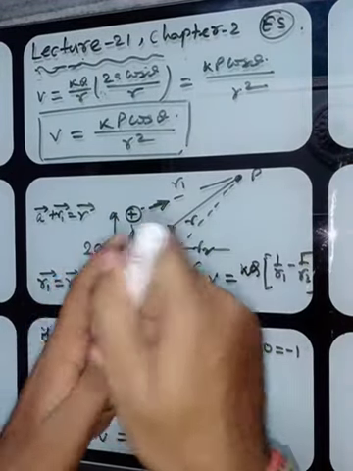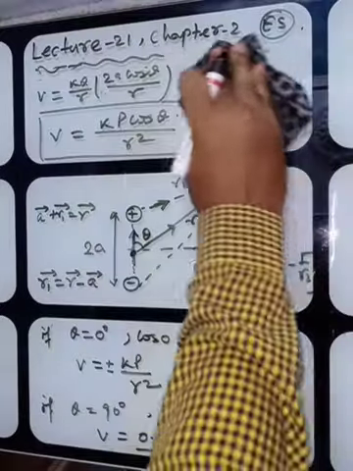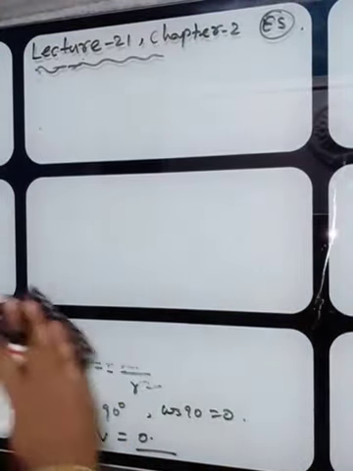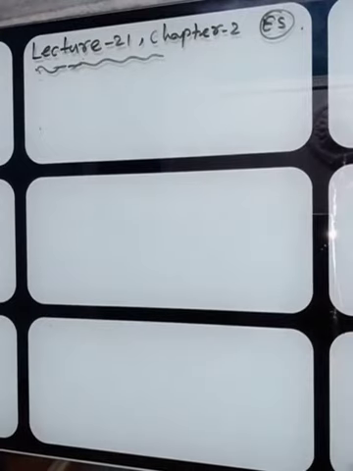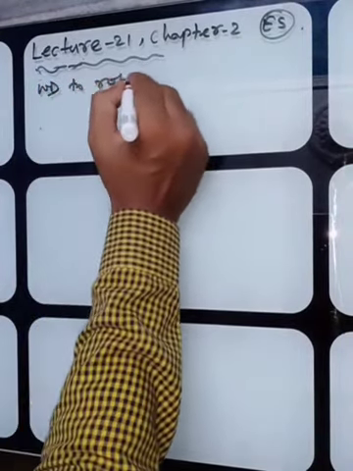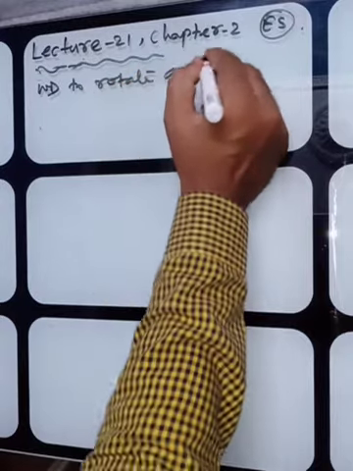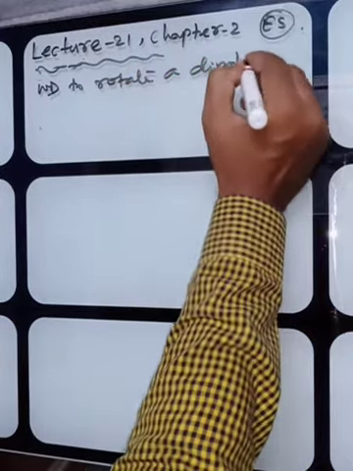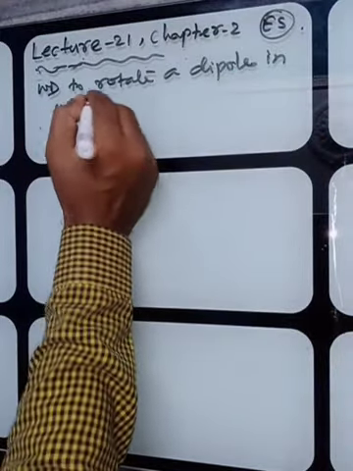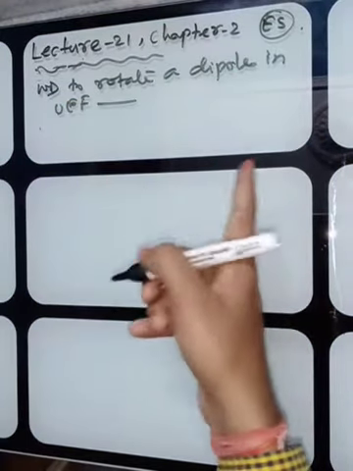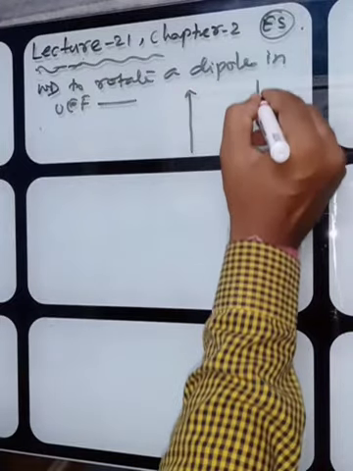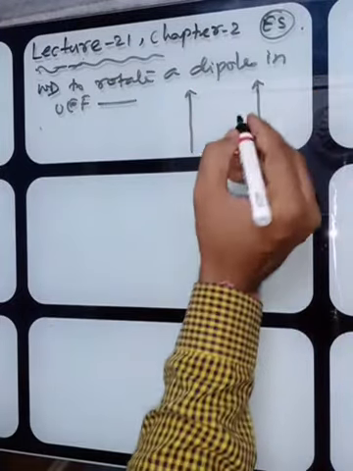Now students, the last topic of today: if you are asked to find the work done to rotate a dipole in a uniform electric field, how will you find the work done? Suppose this is the uniform electric field in which a dipole is kept.